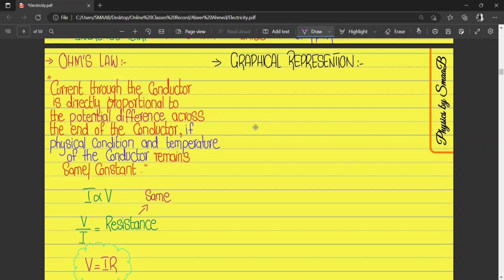So what will be the graph, and how are you going to draw the graph for V directly proportional to I? Let's suppose we draw a vertical line, so this is our y-axis, this is our x-axis.